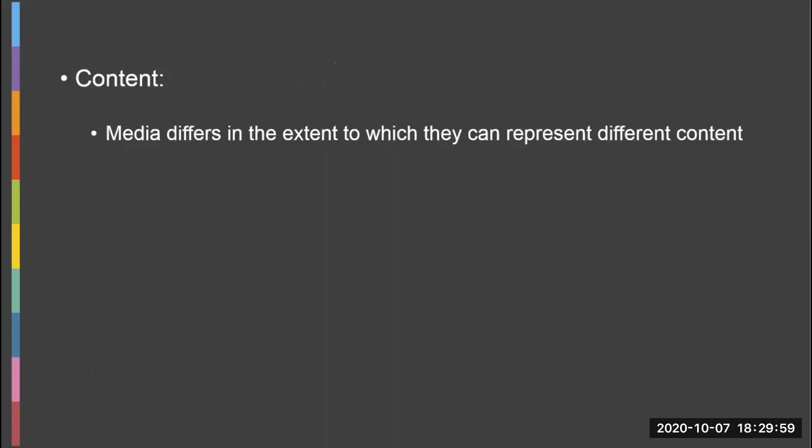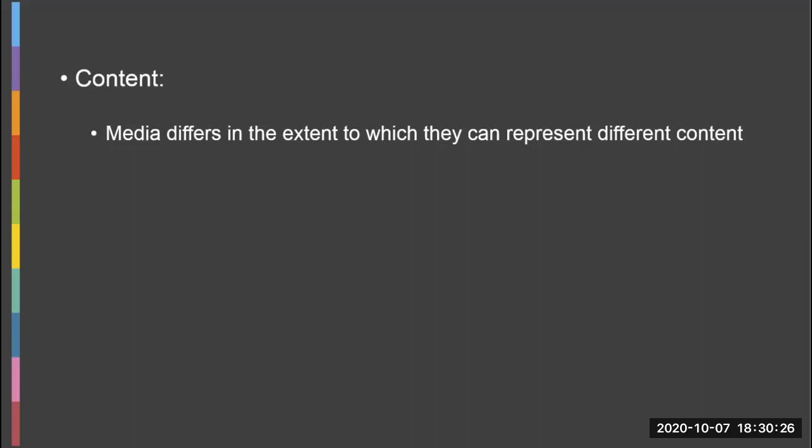If you are using a voice note, you are restricted in that a person needs to visualize in their mind what is trying to be taught. So media differ in the extent to which they can represent different content. It's not necessarily that one is better than the other; it's more a question of what is better suited to what we are trying to teach.